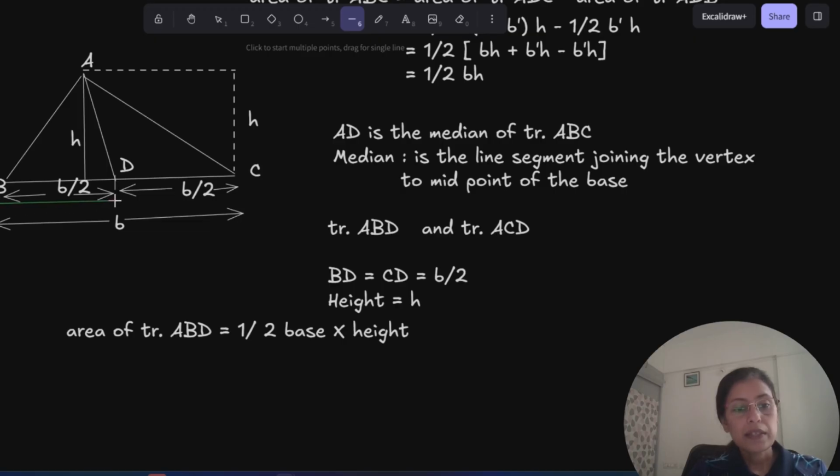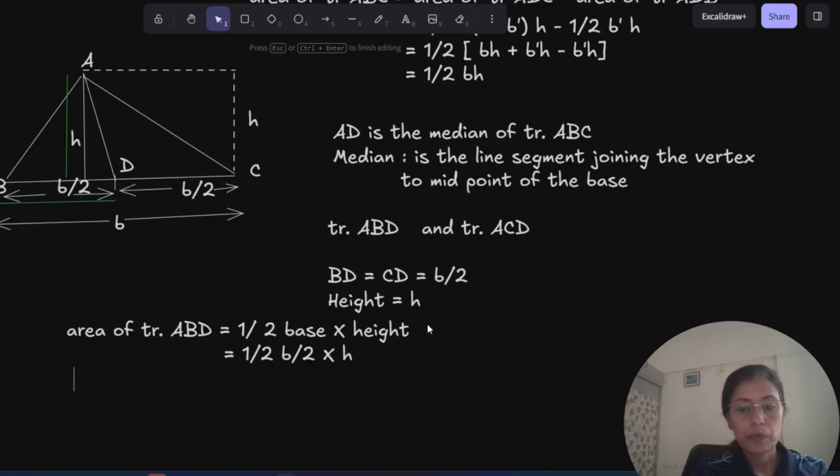The base is this, which is b by 2. What is the height? Height is this, which is h. So this will be half of b by 2 into h.